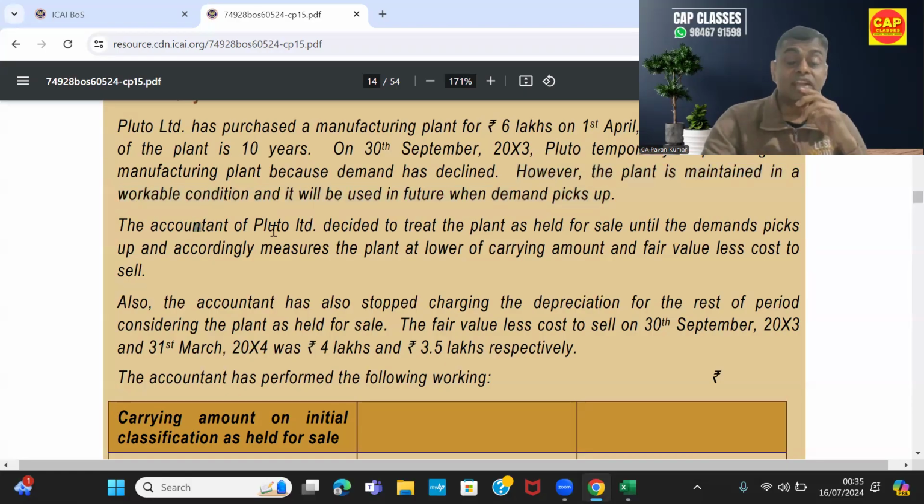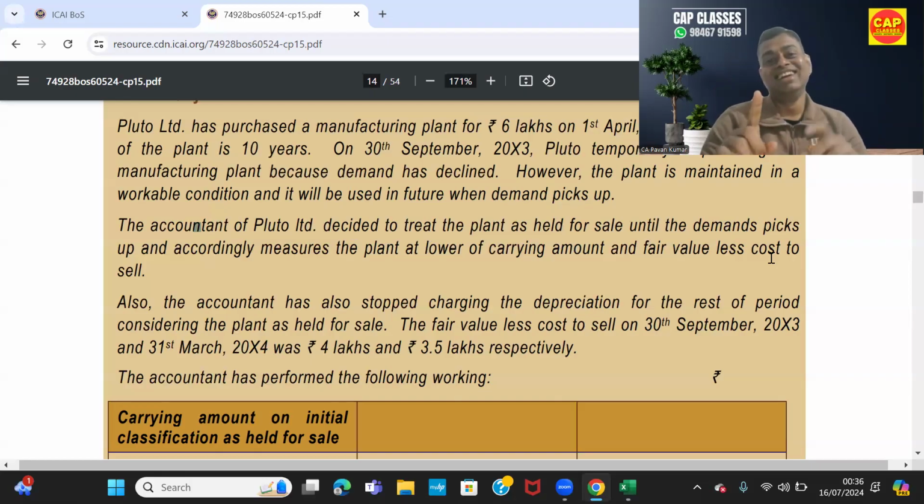So what this guy is doing, he decided to treat the plant as held for sale until demand picks up, and accordingly measures the plant at lower of carrying amount and fair value less cost to sell.